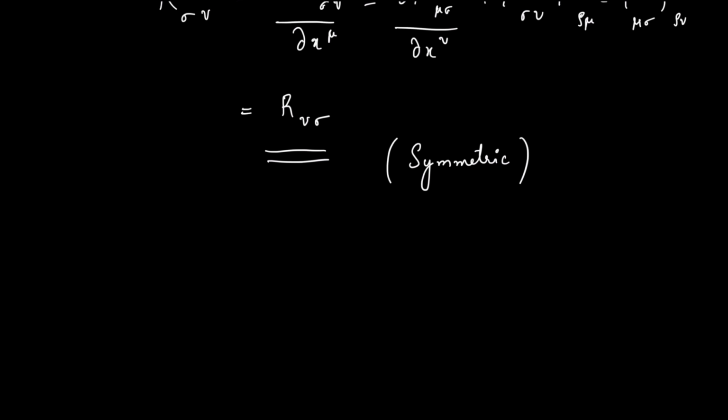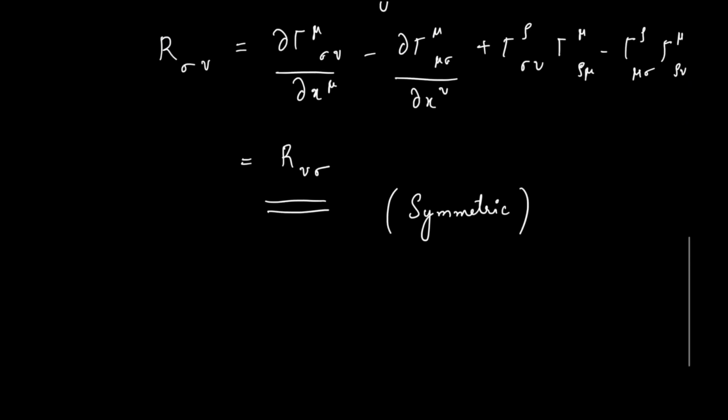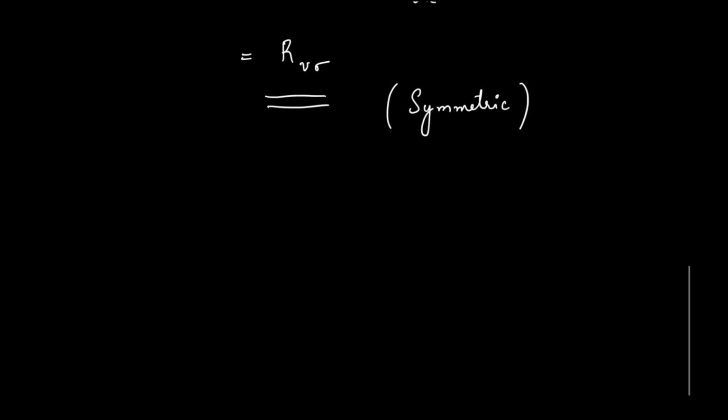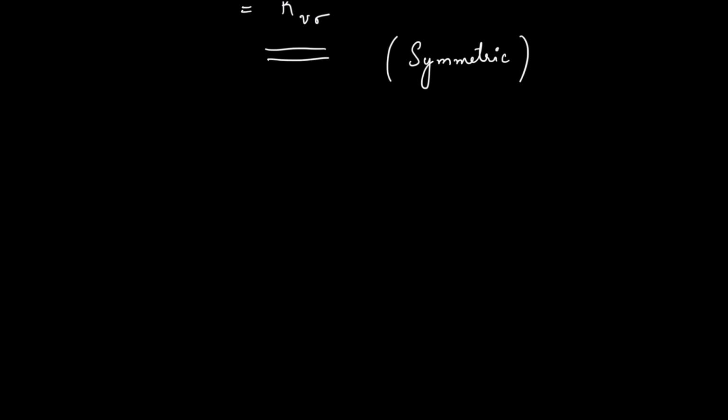Next I need an invariant quantity that can quantify the curvature. That is something called the scalar curvature. For that, I have to multiply this Ricci tensor with the fundamental metric tensor.